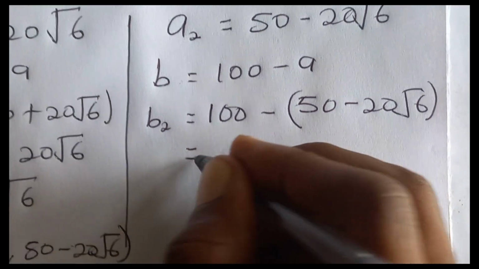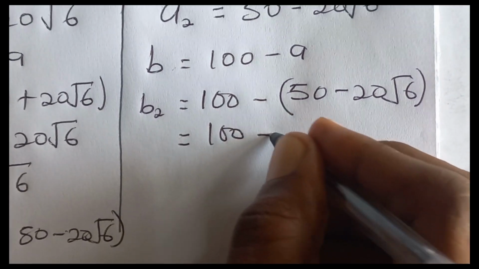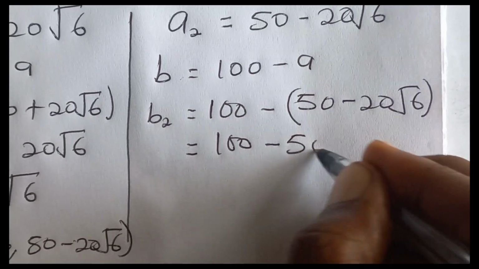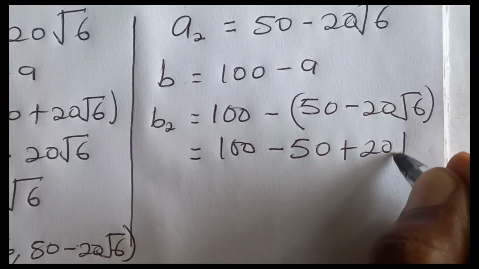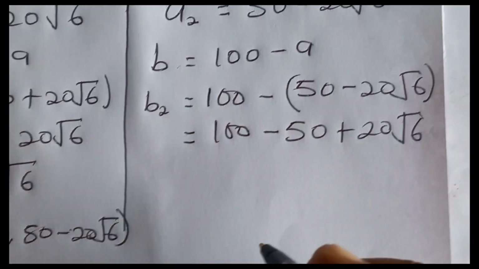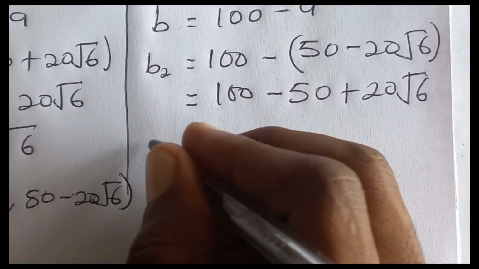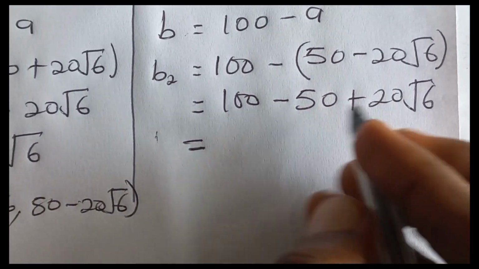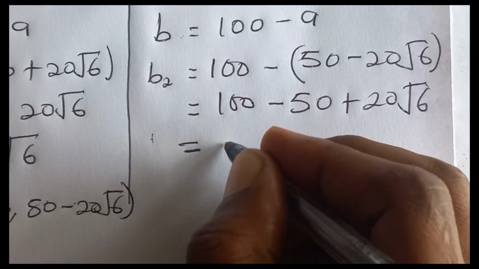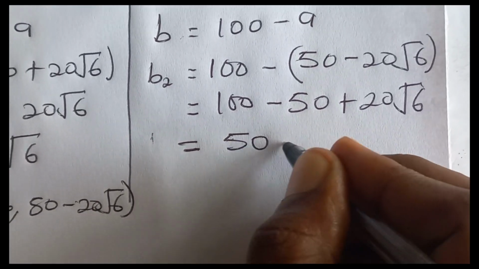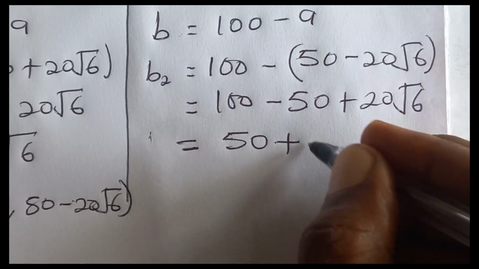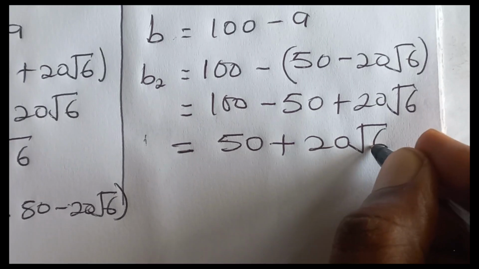So in this case, we are going to get 100 minus 50 plus 20 root of 6. So our b2 is equal to 100 minus 50 is 50 plus 20 root of 6.